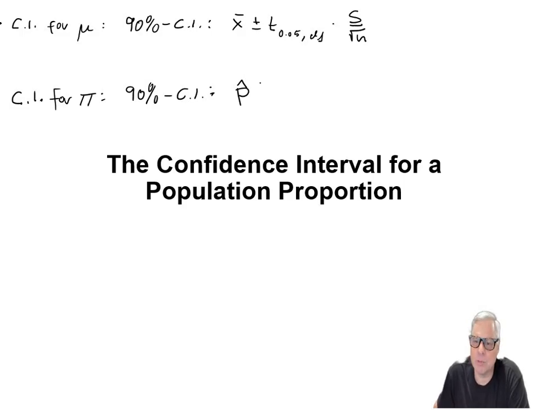Then we do plus minus, and now, surprise, we use the z. We never use the t. We find the z-score where we have 0.05, so we don't need to worry about degrees of freedom. And we have the standard error.